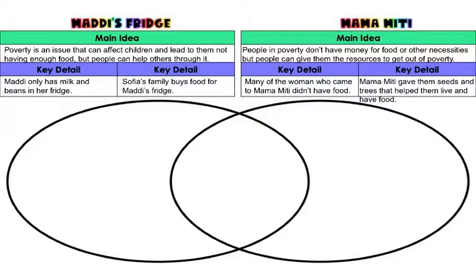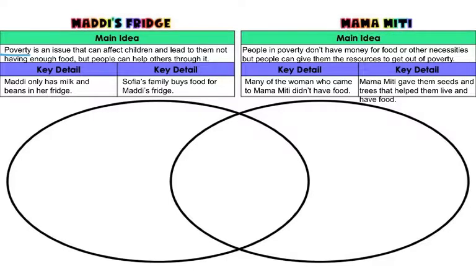All right, so we have done Maddie's Fridge and Mama Mitty before. We want to focus on comparing and contrasting, but let's look at what I put as the main idea. In Maddie's Fridge, poverty is an issue that can affect children and lead to them not having enough food, but people can help others through it.